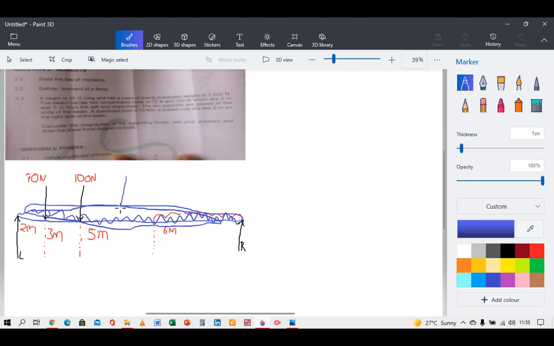It is distributed along this 16. So it will be placed along here as a half of 16. At this part it will be 8, and this part it will be 8 meter, because it is distributed to the whole beam. You understand that one?